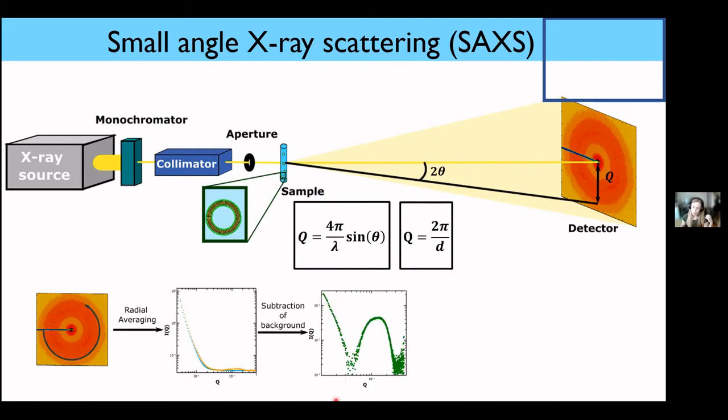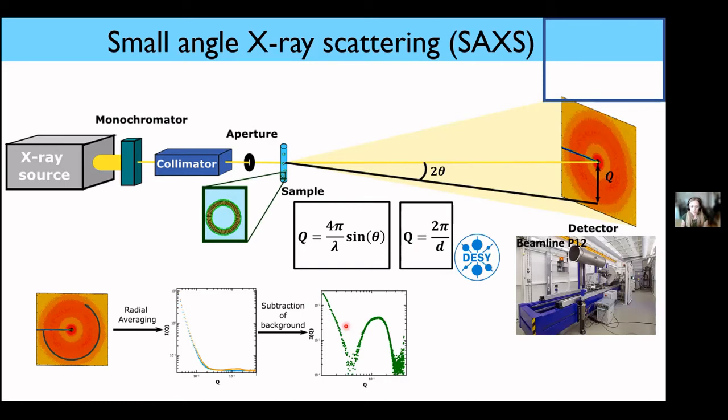Then we will end up with a scattering curve that looks something like this. And you will also normalize this to what is called absolute scale, so that it is independent of the instrument. You will do this by including a measurement of some known standard, like water, for example.